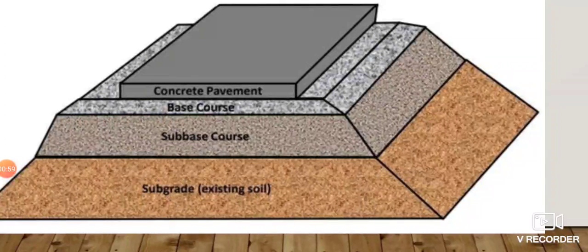And the main objective of providing this GSB, or I can say the important functions of this GSB, is to serve as a structural component of flexible pavement structure by distributing the wheel load stresses transmitted through the surface course or the upper layers, granular base course, to a large area before it passes on compressive stress on the top of the subgrade.